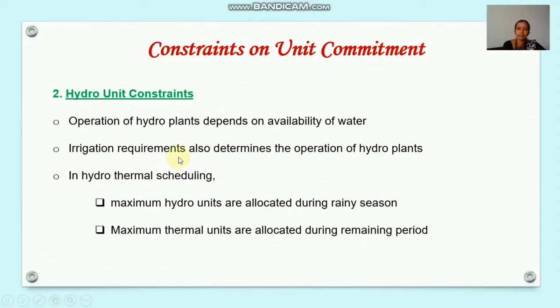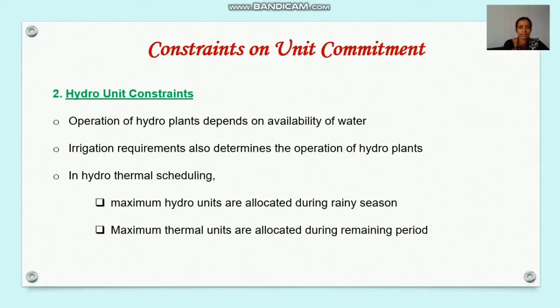So consider these factors also while doing hydrothermal scheduling. In hydrothermal scheduling, we allocate more load to the hydroelectric power plant during rainy season, as more water is available there, and allocate more load to the thermal units during the remaining period of the year, or when there is a scarcity of water.